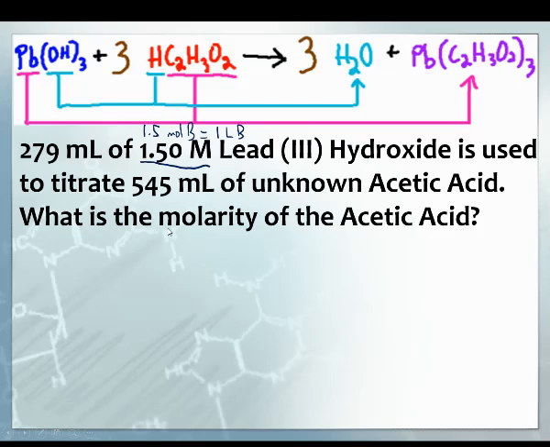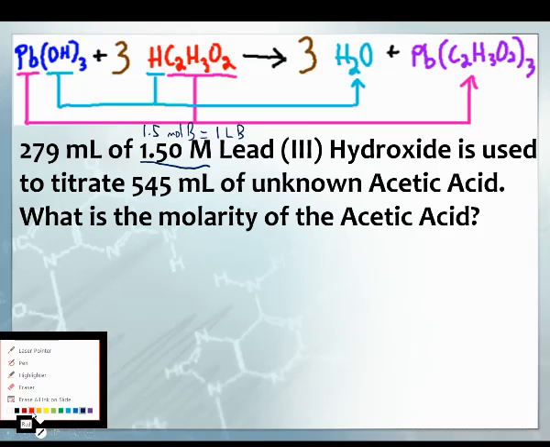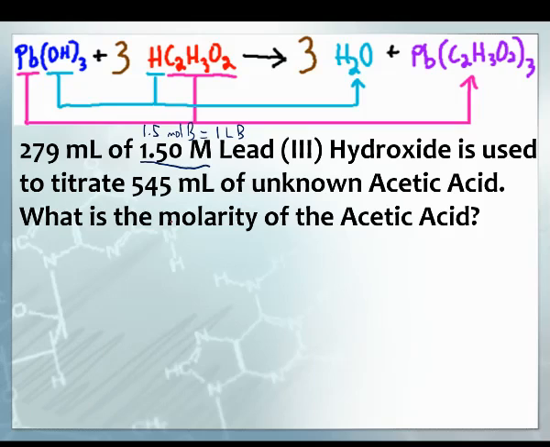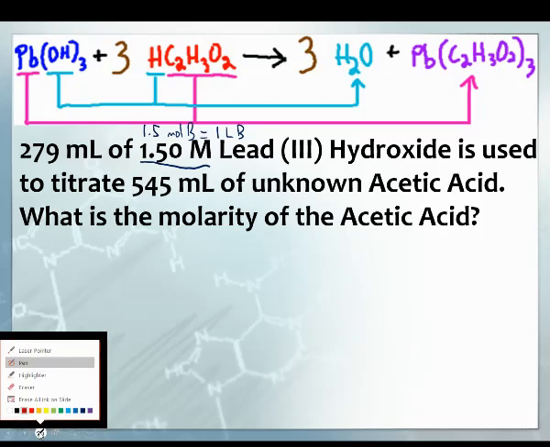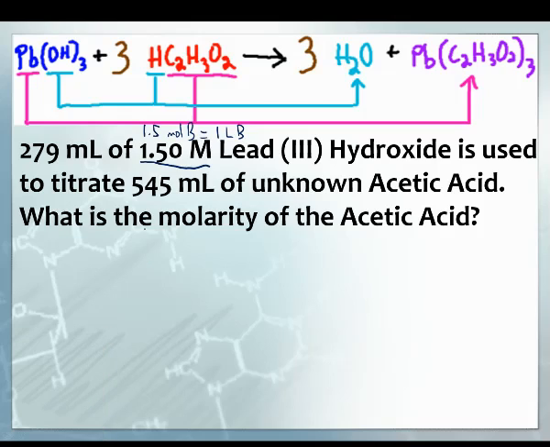Now, what we need to worry about is finding the molarity of the acid. So we need to pull aside something. And that first thing we need to pull aside is this 545 that we've been dealing with. This 545 is actually going to be one of the starts of our problem. We are trying to find molarity when this is all said and done. So this is one of the pieces that we are going to use.